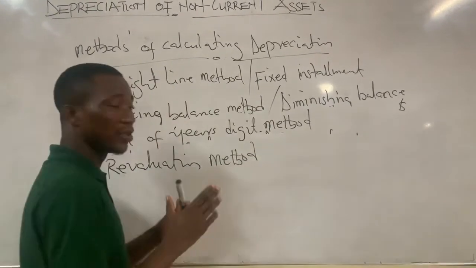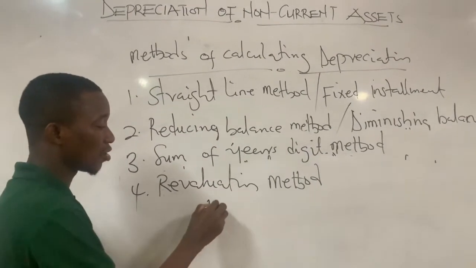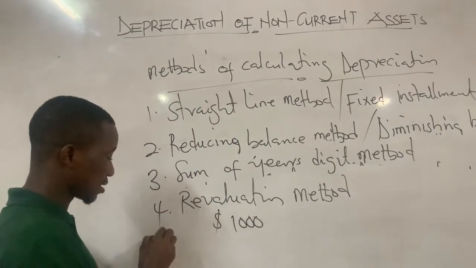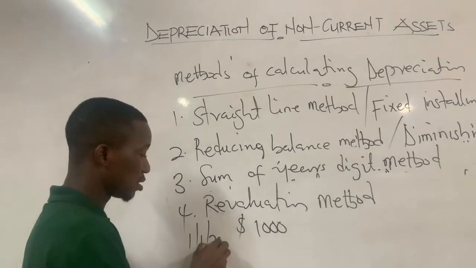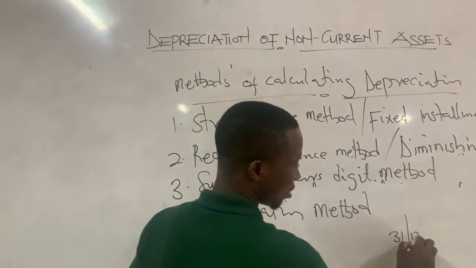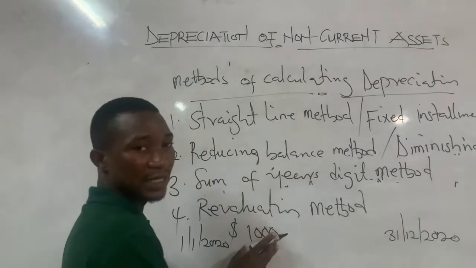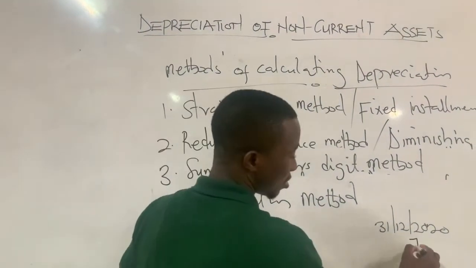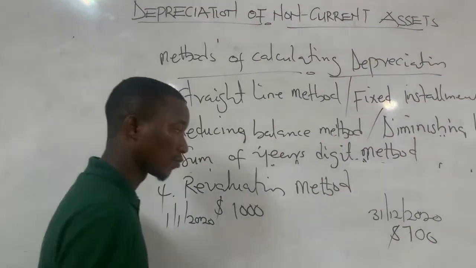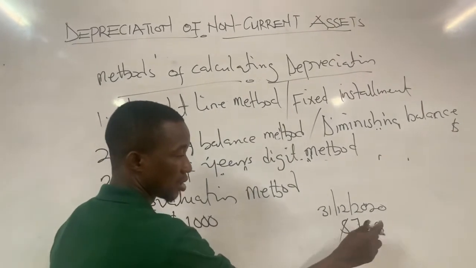If on 1st January 2020 we acquired an asset of $1,000, then on 31st December 2020 we valued this same asset and we had $700. This is the opening balance and the closing balance of the asset.